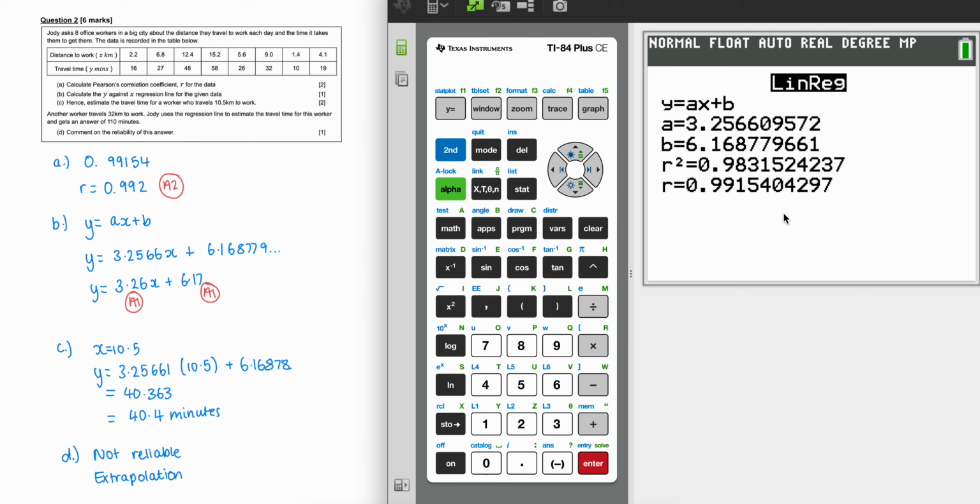It's too large for our data set, and therefore the correlation we found is only for these values, and we can't assume it works for other questions as well. So for this one, there's just one mark, and that's for it not being reliable, and you have to give a reason for this. For part C, this was 2 marks. There's 1 for some sort of method if you got it wrong, and then 1 for the answer.